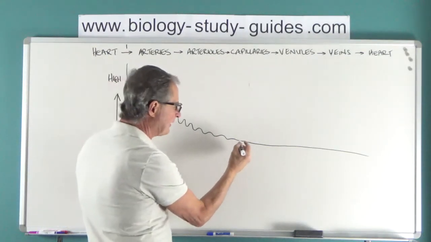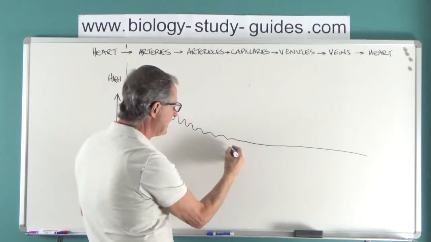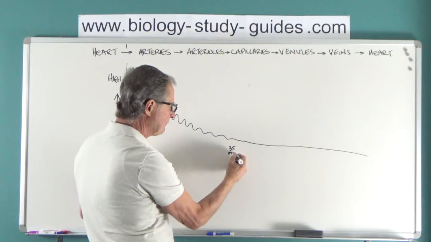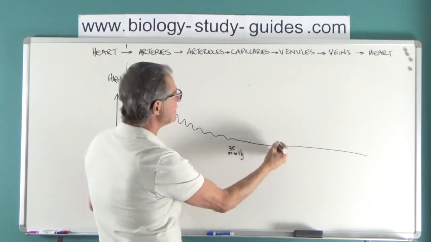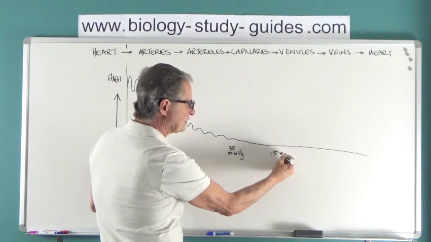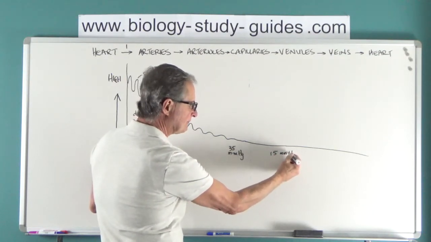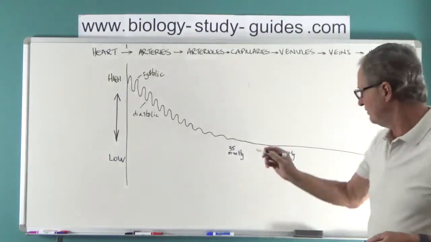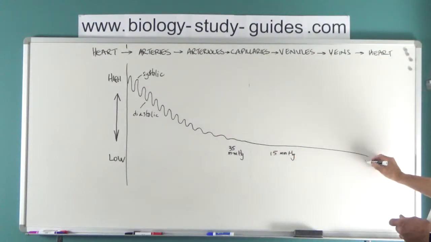We said before, when it gets to the beginning of a capillary bed, it might be about 35 millimeters of mercury. When it gets out of a capillary bed, it might be something like 15 millimeters of mercury. And when it gets back to the heart, it's continued to decrease. It's practically nothing.